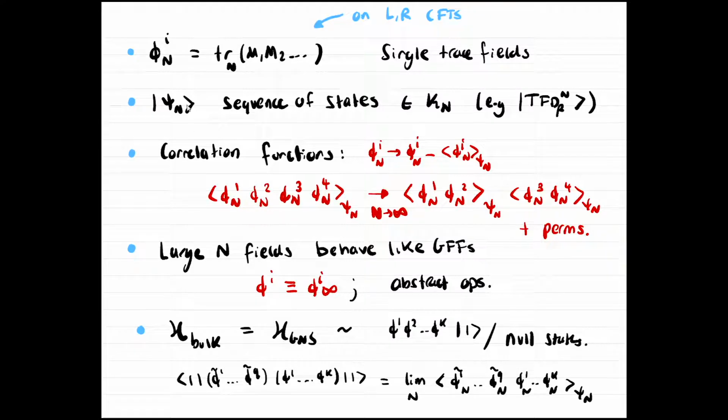So that's these guys here. And they live in this finite N Hilbert space. And we also need correlation functions to have some nice property in the limit in that state, right? So we have a sequence of states, we have a sequence of operators, we can compute correlation functions. As N goes to infinity, we should have something like a Wick, some sort of generalized free field-like structure.